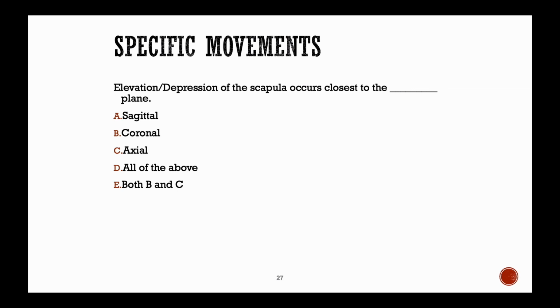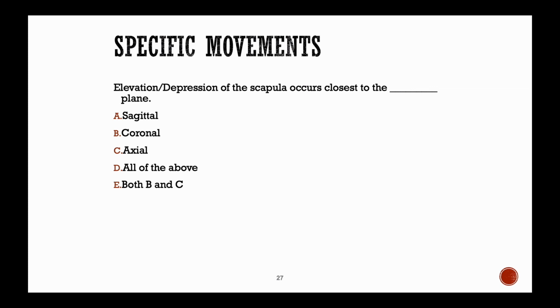So you're thinking of it as the scapula moving up and down along the side of the body. If I were going to put two panes of glass up, they would need to be around my scapula on the front side of them and on the back side of them. So that would be separating the front from the back, which is our coronal or frontal.